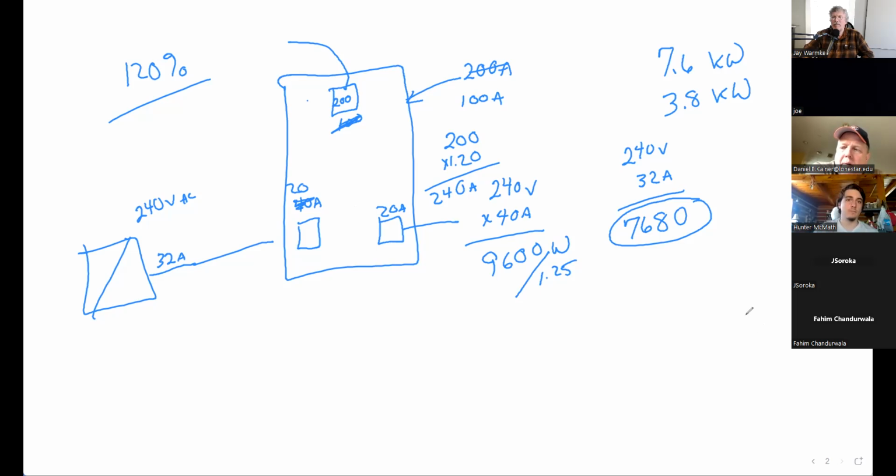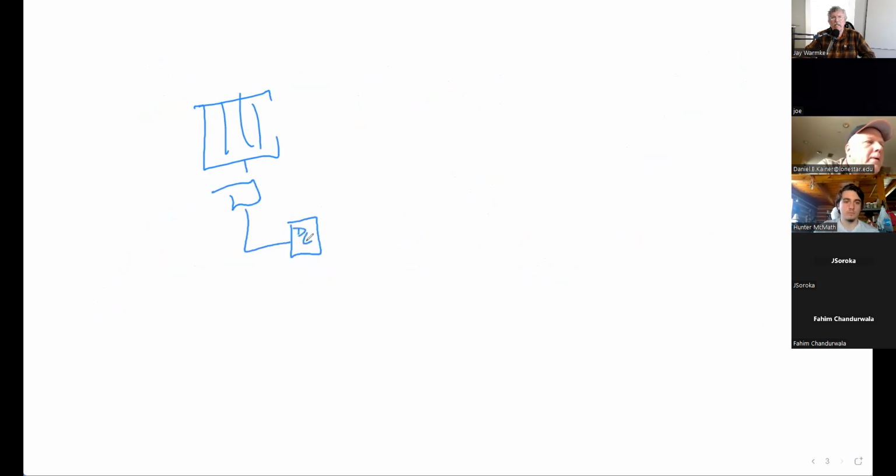Yeah, the way that typically works, and now what you're talking about is like an AC coupled or a DC coupled system. Typically, you're going to have your array, you're going to come into a junction box or a combiner box, going to go to your DC disconnect.